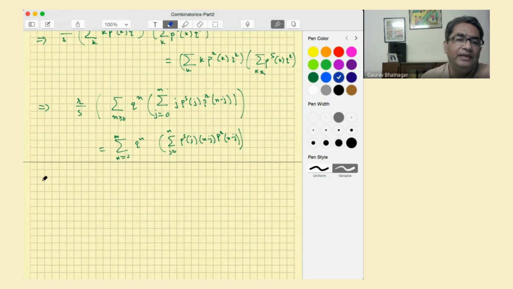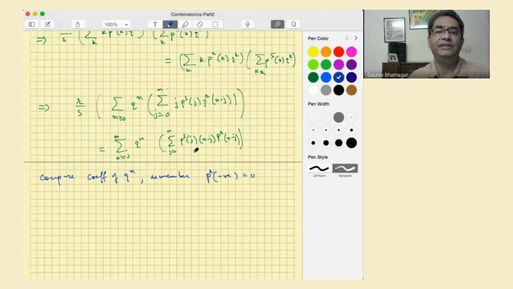Okay, anyway, so we compare coefficients of q raised to n, and then what do we get? We bring everything to one side, and remember that n minus p of pr of negative is taken to be 0.